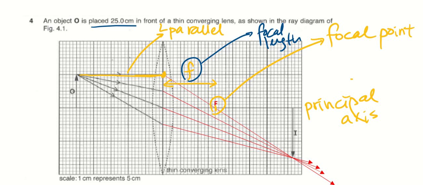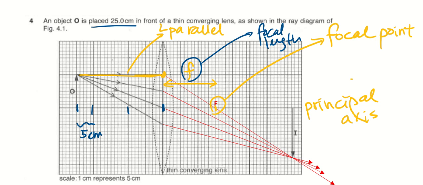Because they use all these grid lines to help us measure, if this is 25 cm, from here to the lens we have how many big squares? 2.5 big squares. That means every half big square represents 5 cm. Correct? So we can actually measure the focal length. It must be from the focal point to the center of the lens, which is called the optical center.